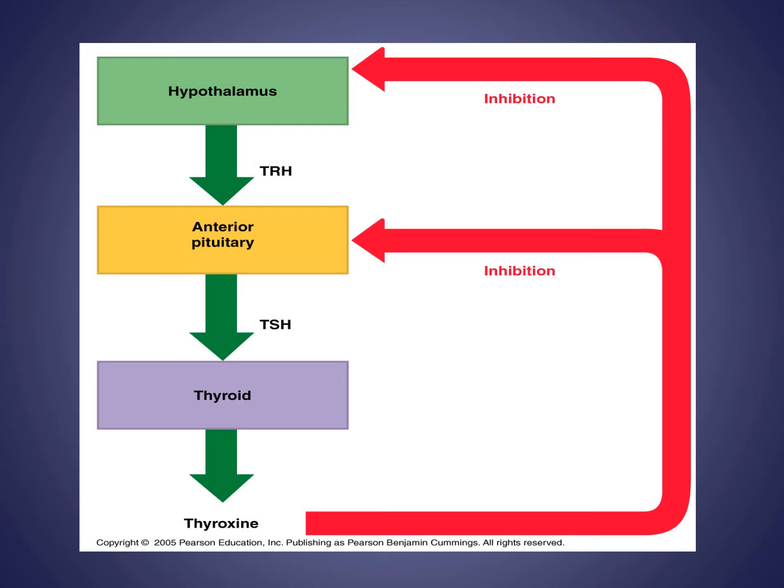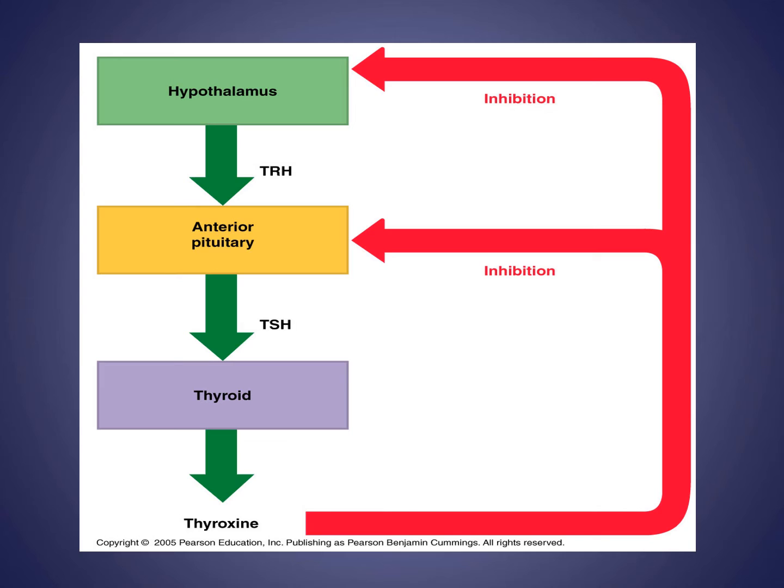As we see, during stimulation of the hypothalamus by external stimuli, the hypothalamus releases TRH, which travels through the hypophyseal portal circulation, reaching the anterior pituitary, secreting TSH. TSH goes downward and controls the thyroid gland secretion of thyroxine, T3 and T4.